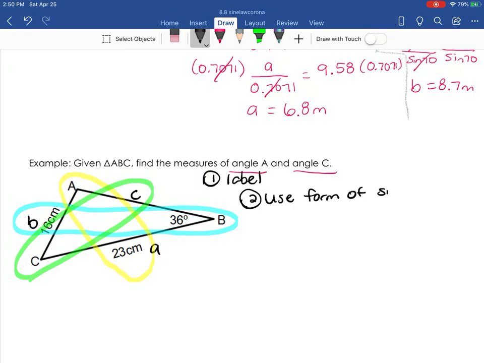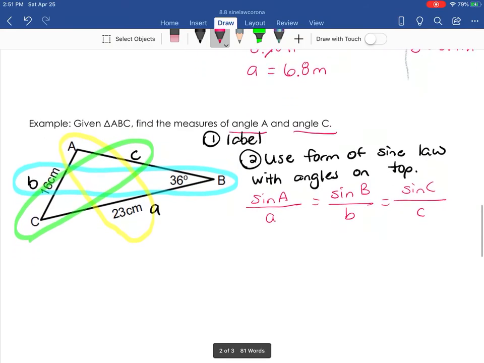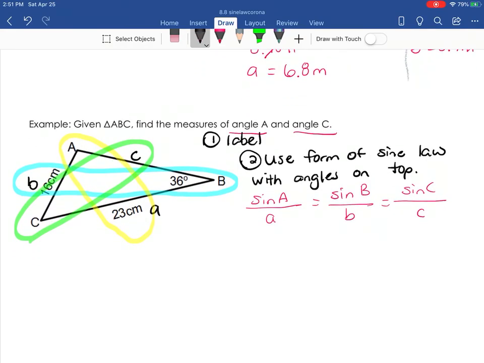Now we are looking for angles, so I'm going to use the form of the sine law with angles on top. Not that it really matters. The other one would work as well, but the unknown would be in the bottom. So if that bothered you in the last sections with SOHCAHTOA, then flip it around, easy peasy. Just make sure you flip them all, that's all.